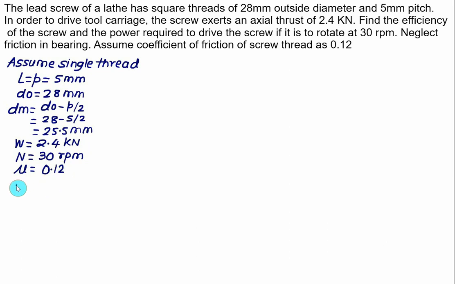You have to calculate efficiency, which is equal to W multiplied by lead divided by 2 pi into TR. TR you have to consider only for screw this time, and we have to find out the power also. So for power we require TR, we require rotational speed N. Directly rotational speed is given, TR you have to first calculate.